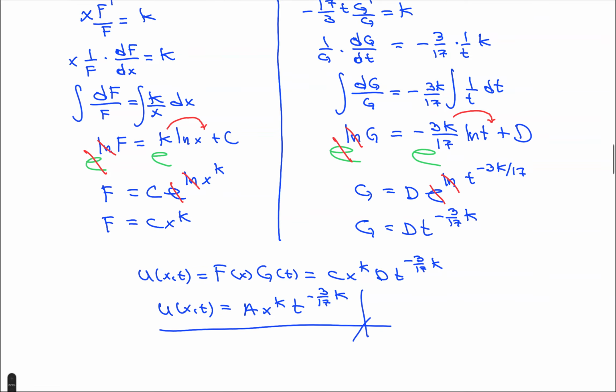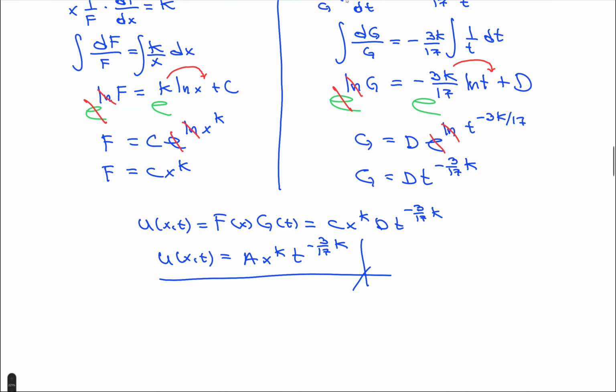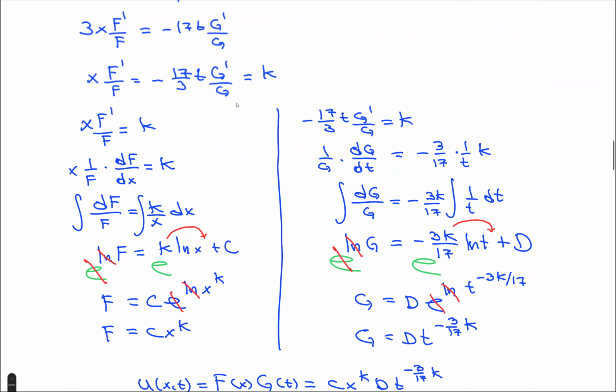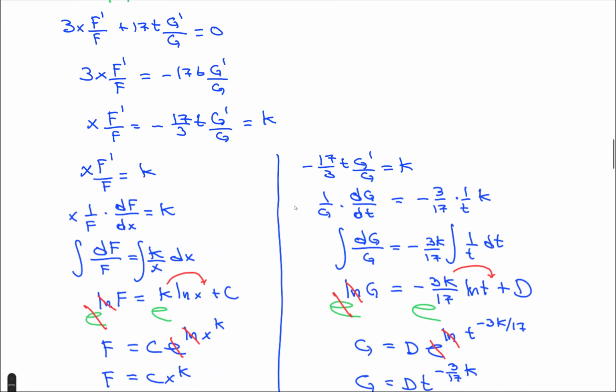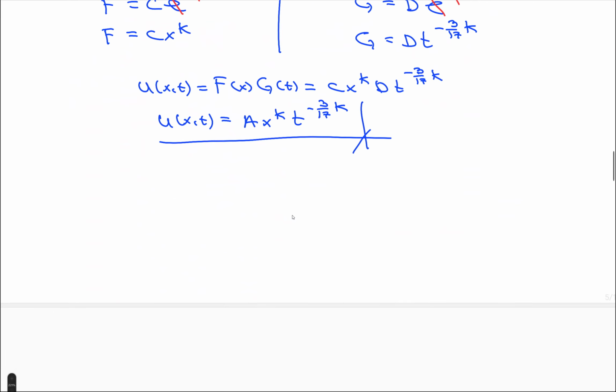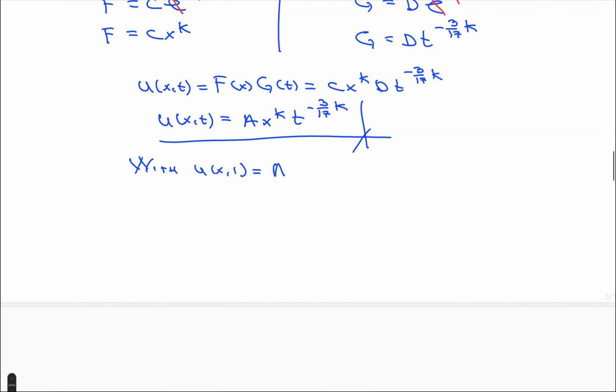Right, so now our job is to find the particular solution subject to the condition. Go back to the top to show the condition. u of x, 1 equals 7x to the 8.